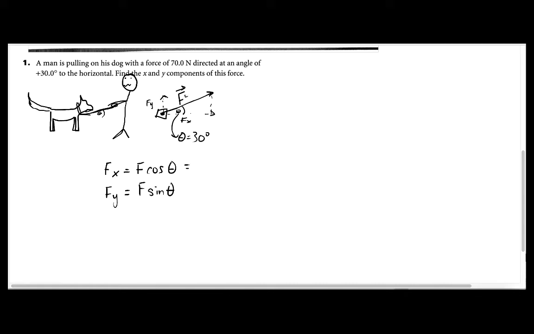Our force was 70 newtons. So 70 cosine 30 and 70 sine 30. When you plug that into your calculator, 70 cosine 30 is 60.62, so about 61 newtons. And 70 sine 30 is exactly 35 newtons.